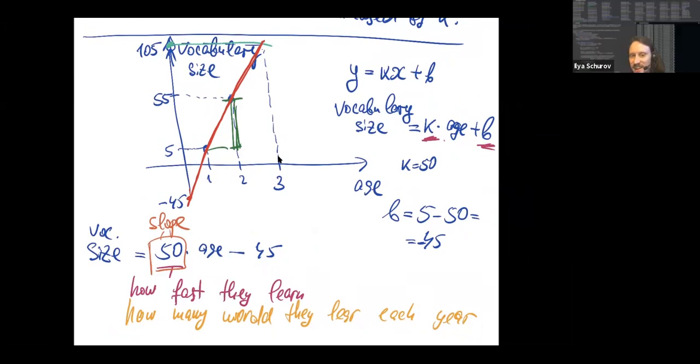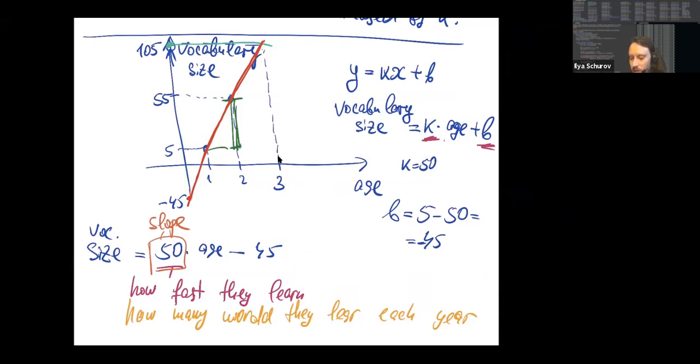Yes, in a sense, this value doesn't have any good interpretation in our model, because we understand that our linear dependency doesn't work, for example, here, because it predicts that when our children are born, they have to know a negative number of words, which is obviously impossible.